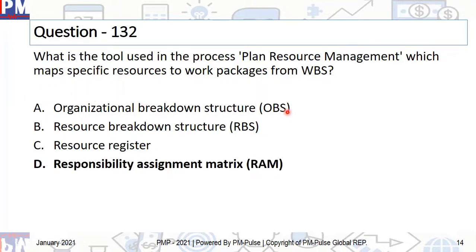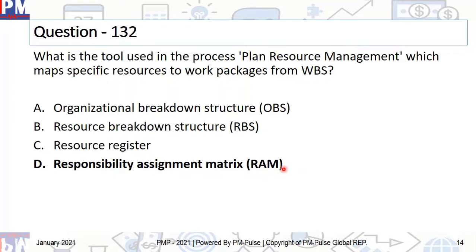Some people think it is OBS, but actually, OBS has something to do with the organizational breakdown structure, which kind of organization or which function will do certain things. But here we are talking about plan resource management. So which are the tools used in the process plan resource management, which map specific resources, not organizations, not whole functions, but specific resources to work packages, and that is RAM, which is the responsibility assignment matrix.